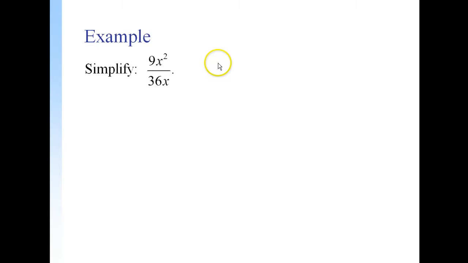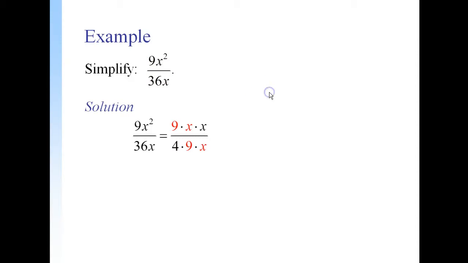All right, so let's take a look at this one here. Now, as we see it, this is a rational expression. Are there any common factors? Well, if you were to factor the top, you'd see this. And if you factored the bottom, you'd see this.